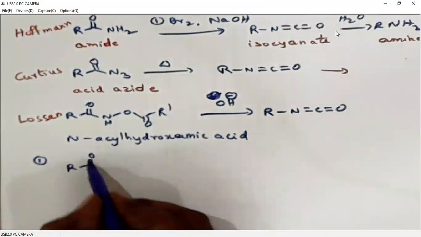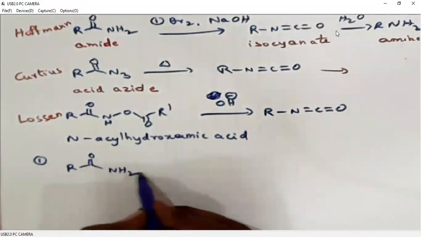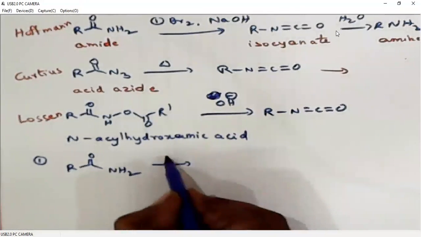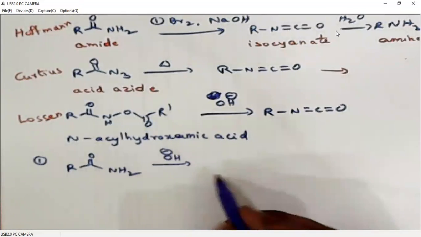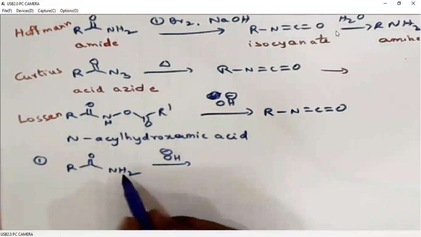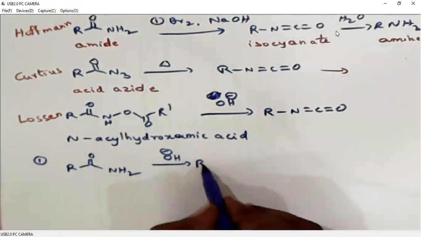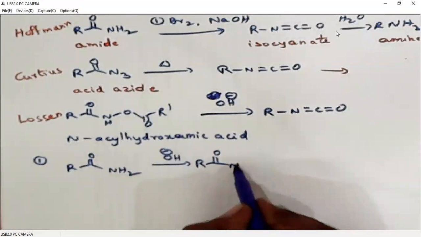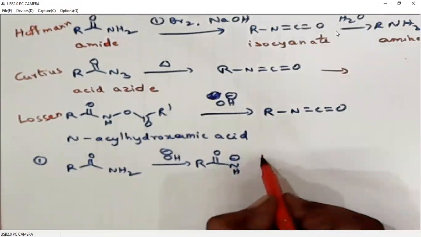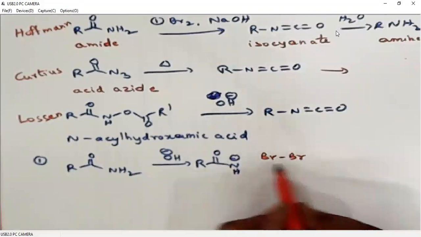When amide is treated with sodium hydroxide and bromine, it will lead to N-bromination. So sodium hydroxide will pick up a proton from nitrogen. It generates NH minus. Now this will undergo bromination.